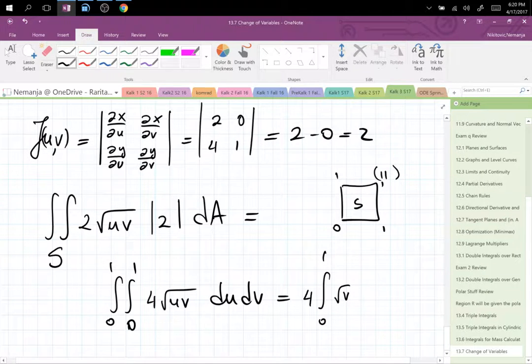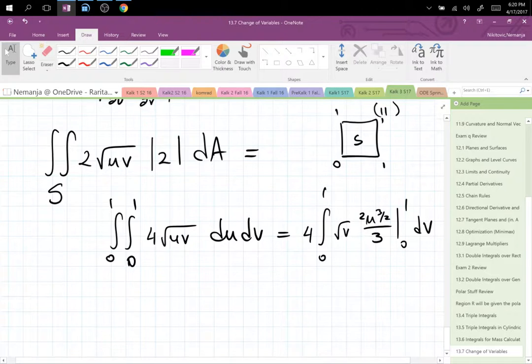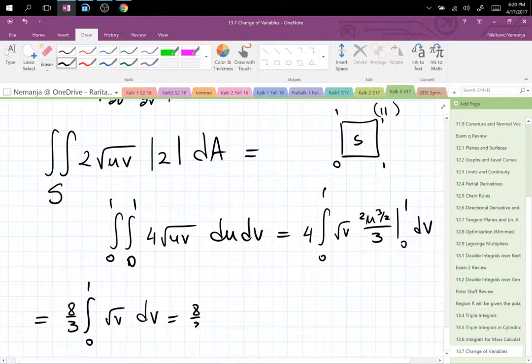The integral of root u is u to the 3 halves divided by 3 halves from 0 to 1, and we still have dv to deal with, which is equal to 8/3 integral 0 to 1 root v dv, which is 8/3 v to the 3 halves and then 3 halves from 0 to 1, which is 16/9. And that should be the answer.